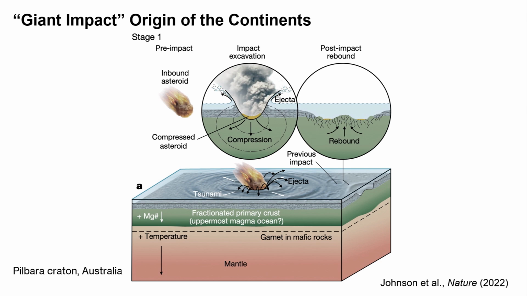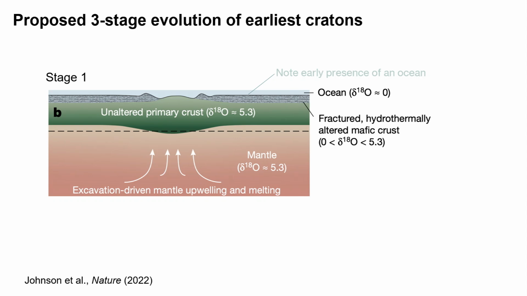And of course, as a result of that, you have isostatic rebound in the middle of where the impact crater was, which allows then infiltration of seawater into the fractures generated from this impact. And that can basically give you this hydrothermal alteration of the crust, which weakens the upper crust as well.